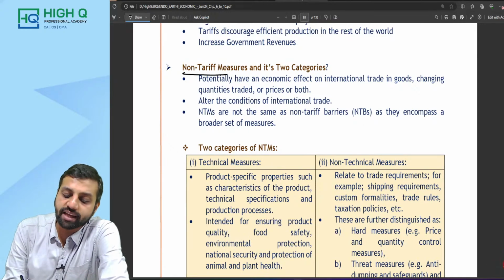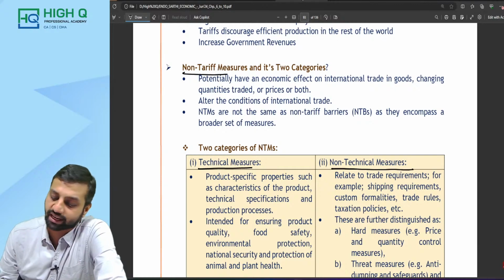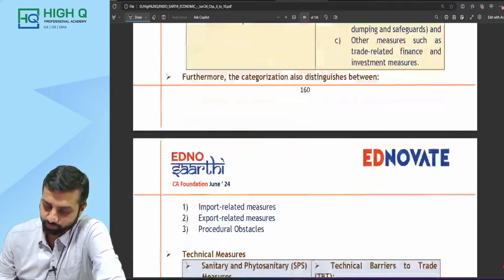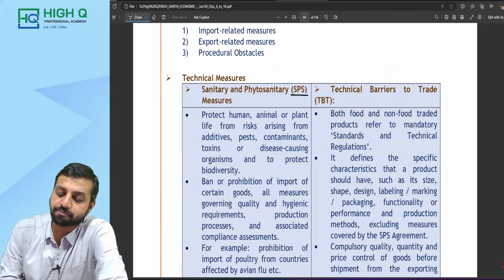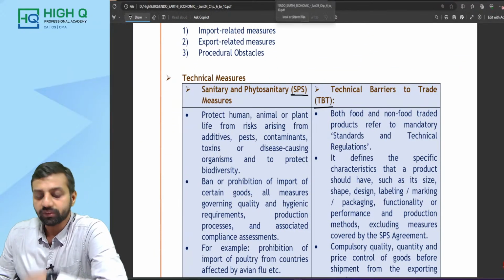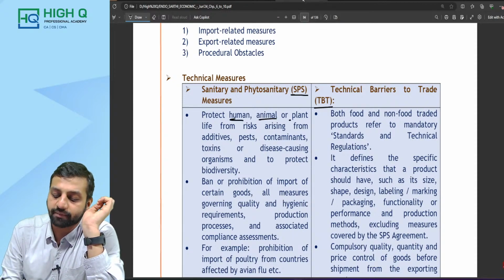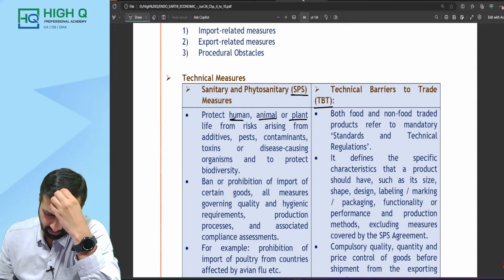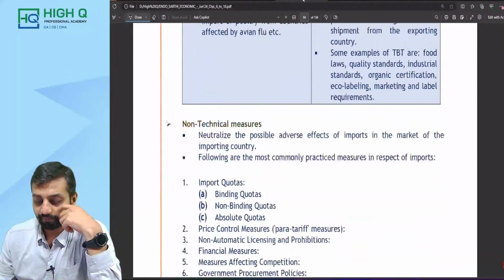Then there are non-tariff measures which are divided into two: technical measures and non-technical measures. Technical measures include SPS and TBT, sanitary and phytosanitary, that is to protect humans, animals or plants. And then there can be technical barriers to trade.